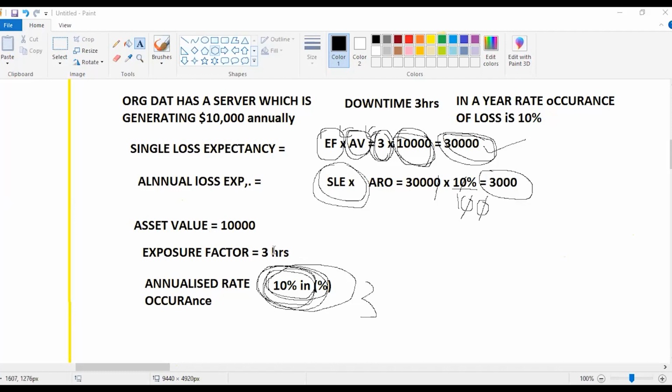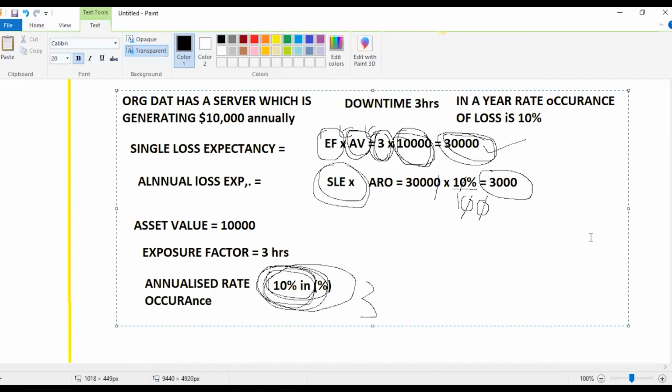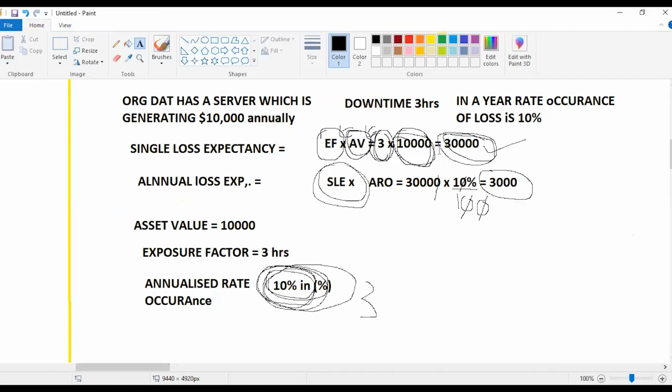The exposure factor might differ: instead of 3 hours, it might be 10 or 12 hours. It's up to the mathematical equation. I have given you the equation, so you can follow it and calculate the risk.